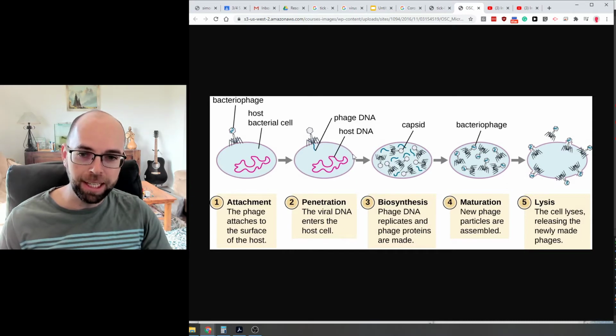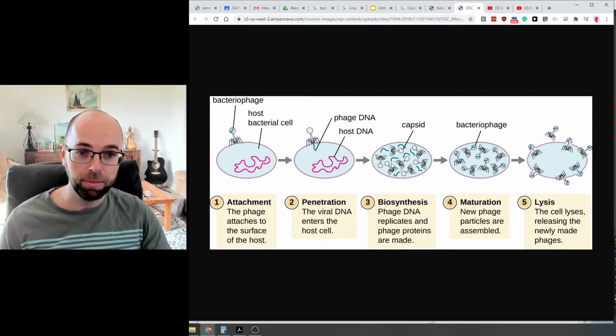Now the bacteria will start to follow the virus's instructions instead of its own, and those instructions tell it to make more viruses. So instead of doing its own proper job, it starts doing the virus's job of making more.